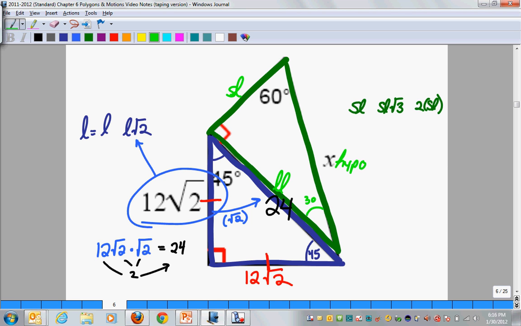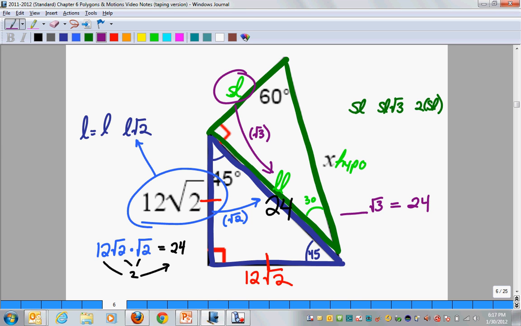So now we're going to ask ourselves, to get from the short leg to the long leg in a 30-60-90 triangle, we times by root 3. Problem is here, we don't have our short leg, so we know something times root 3 gives us 24.